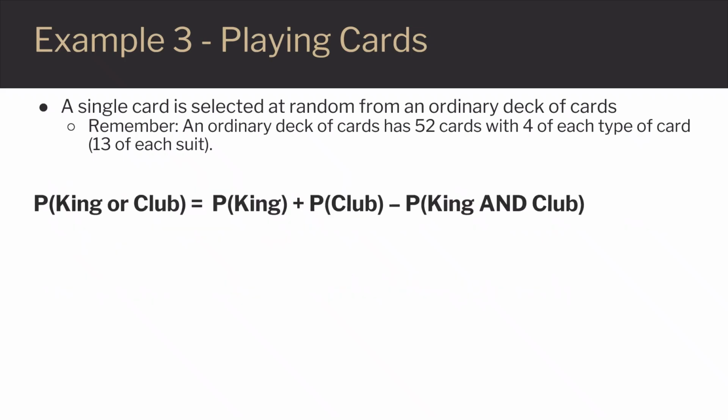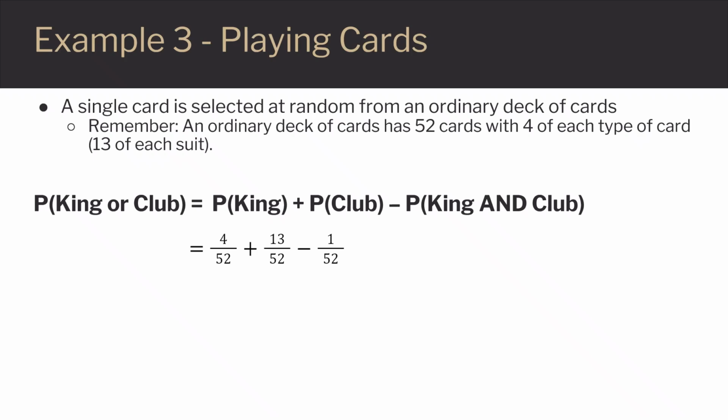The probability of kings is 4 out of 52, and the probability of clubs is 13 out of 52. We add them together to get 17 out of 52. However, we counted the king of clubs twice.